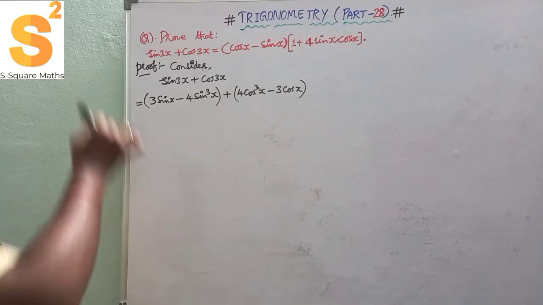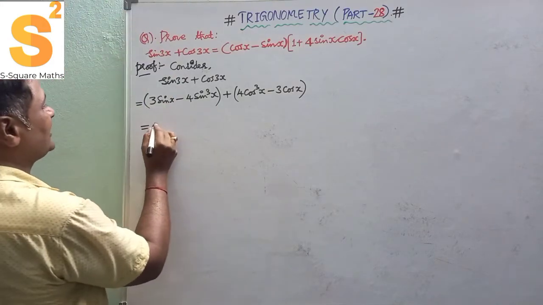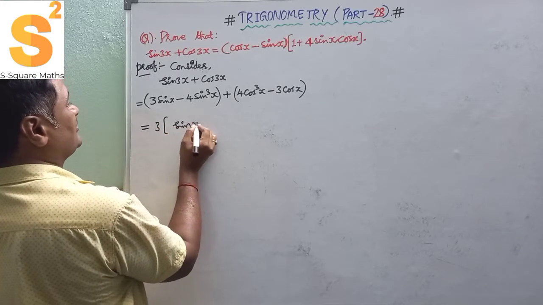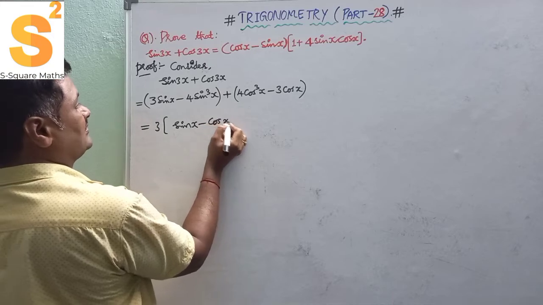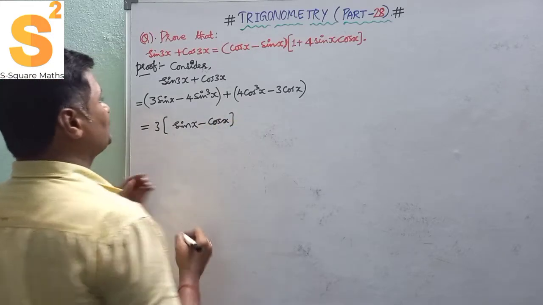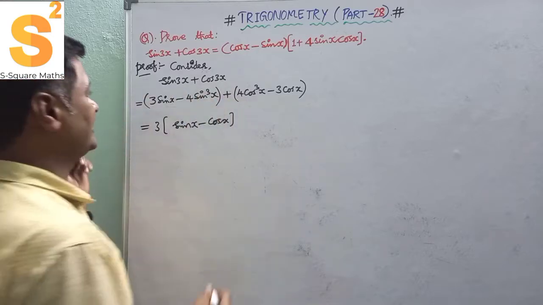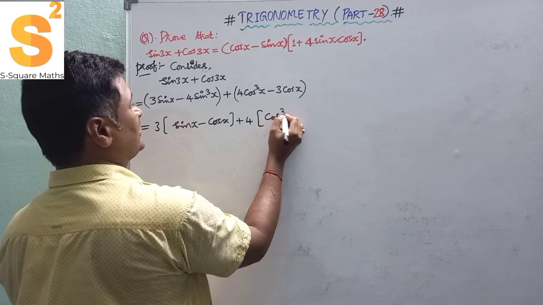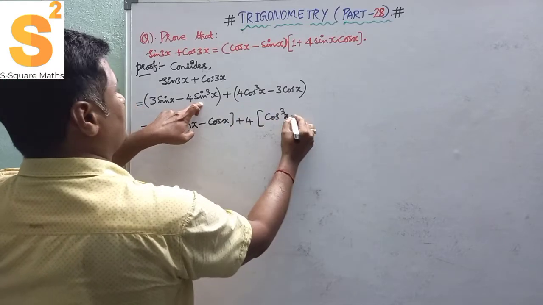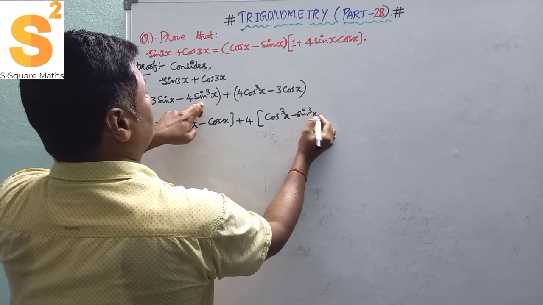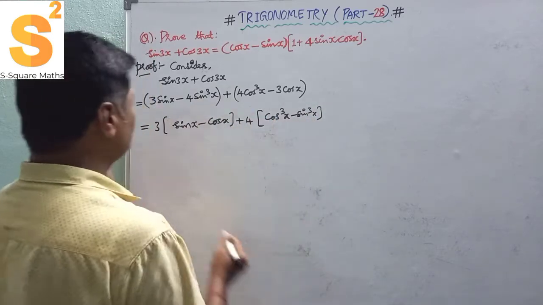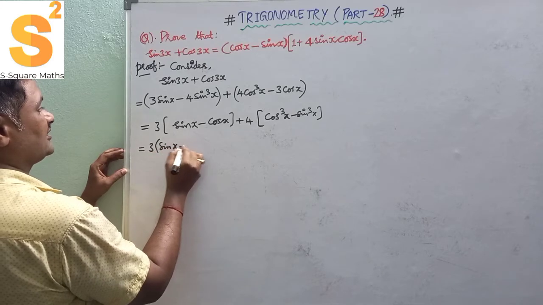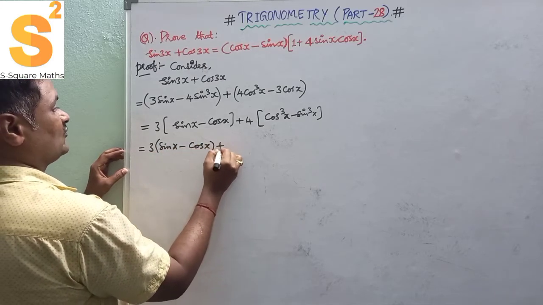So that you substitute. And if you observe carefully, if I take 3 as common, so sin x minus cos x. And here from this I can take plus 4 as common, so that cos cube x minus sin cube x. Now this takes the form of a cube minus b cube. So this is fixed always here, 3 times of sin x minus cos x plus 4 into.